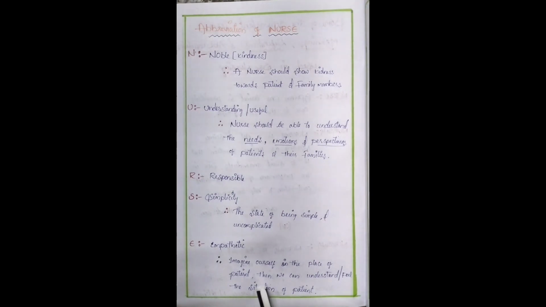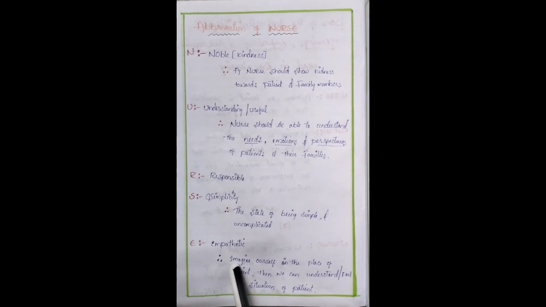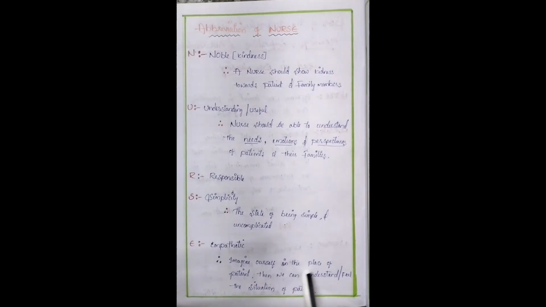Then only can we understand the feeling, emotion, or pain of the patient. So by assuming we are in the place of the patient, we can understand the pain or feelings of the patient. Understood?